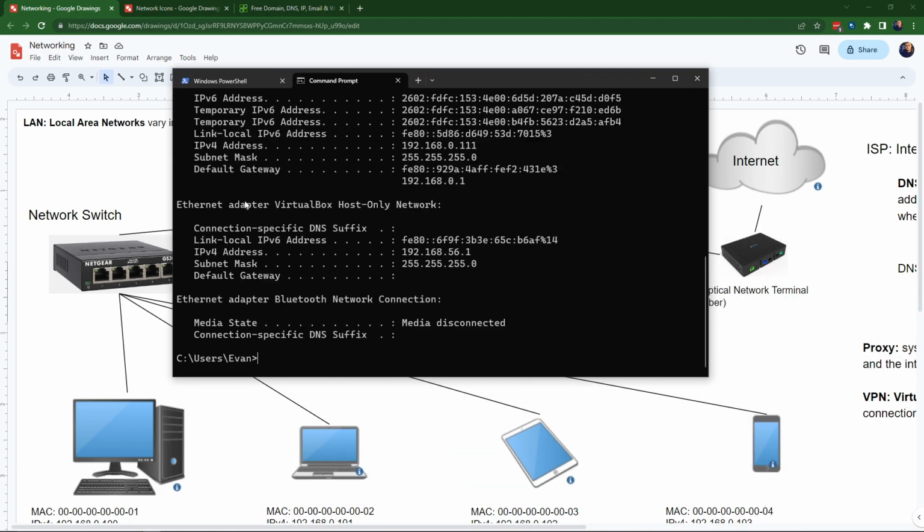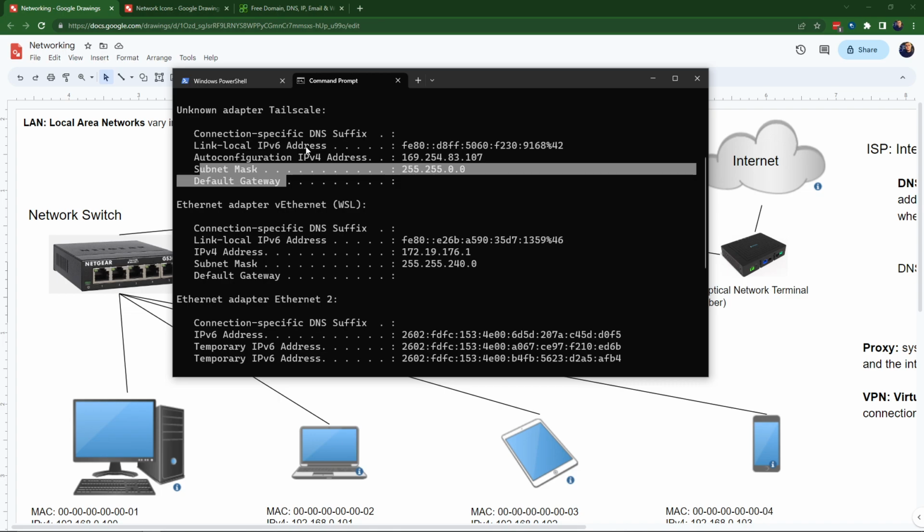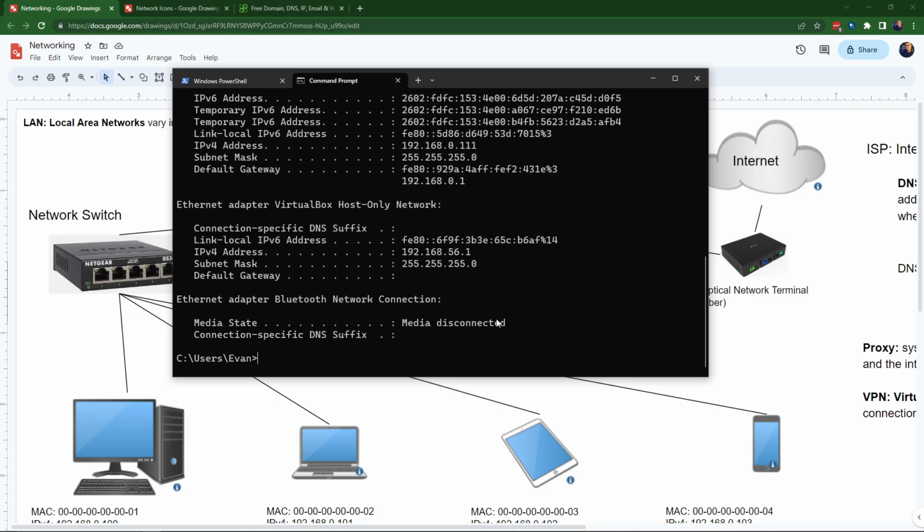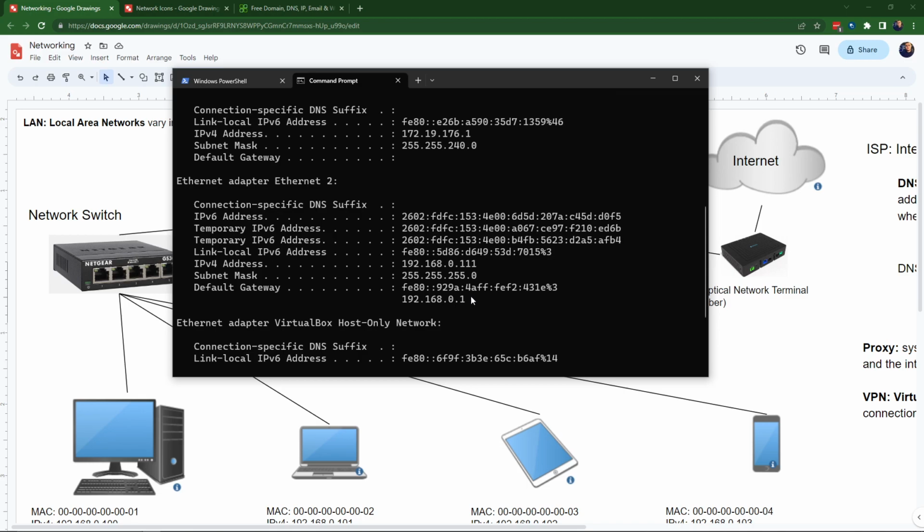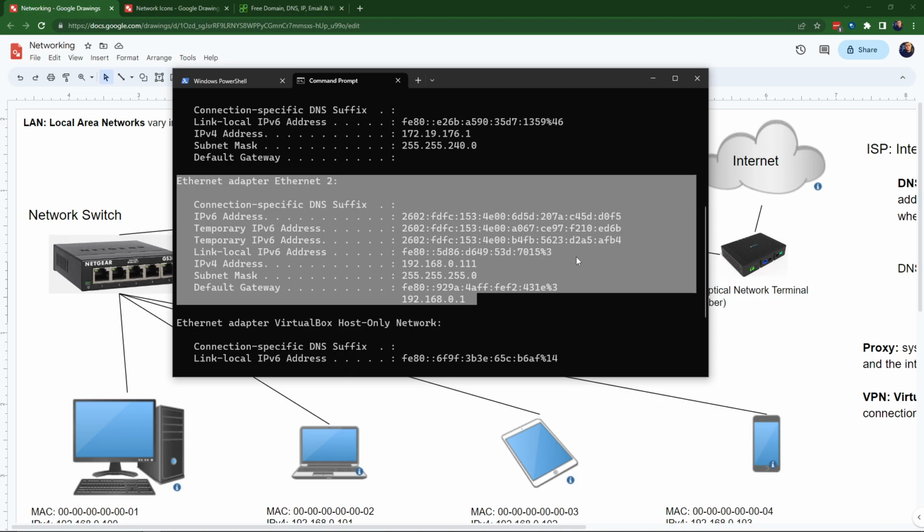So while mine has a lot of different things on here, yours probably will not have quite as many. That's because I've done some different stuff. But if we actually look here, this one right here is where we want to look. And what do we notice about this? Well, we have an IP version 6 address there, and there's our 8 hexadecimal groups, and you'll notice that some of them don't have 4 digits every time.